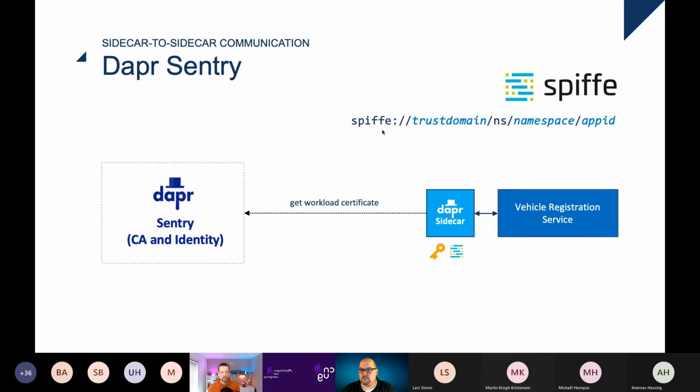By default, all of the applications inside the same trust domain trust each other and do not trust any call from outside the trust domain. Then the namespace is the specific Dapr namespace, and the app ID is the specific Dapr application ID for the servers. And all of these things combined give you a unique identity for each of your Dapr applications.